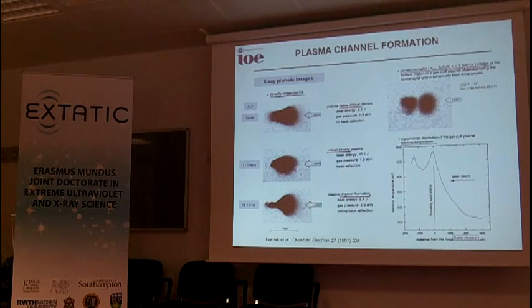This is another example, plasma channel formation, depending on the distance from the nozzle output. Close to the nozzle, where the density is very high, we observe the critical density. We observe the self-focusing of laser light. And because of self-focusing, the intensity was much higher than it was possible to obtain without the self-focusing.